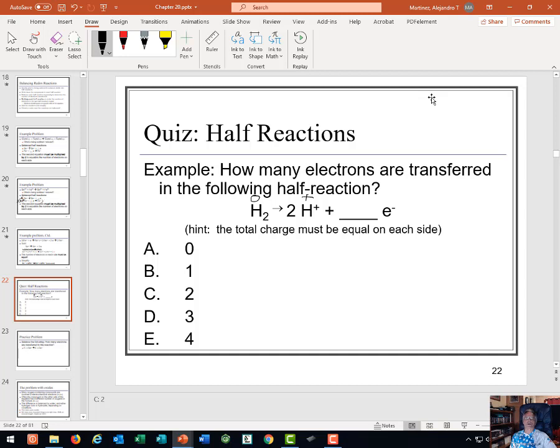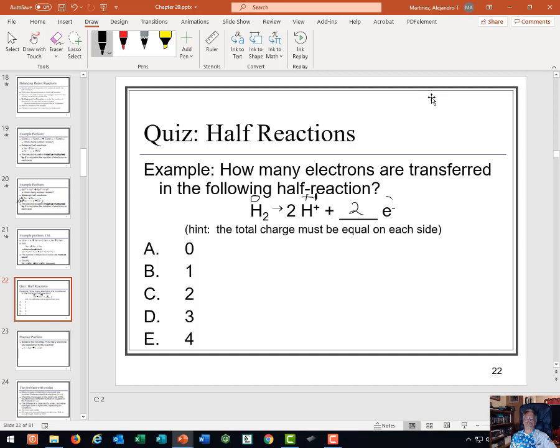But here's what you want to realize. You've got a 2 times a +1 here. That's +2. The charge on the reactant side is 0, so you need 2 negative charges in the form of 2 electrons to neutralize the 2 positive charges in the form of the 2 hydrogen ions, each with a +1 charge.